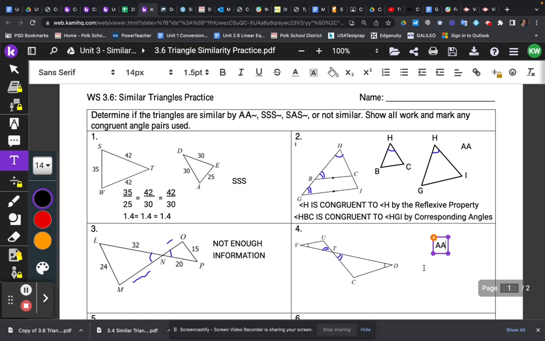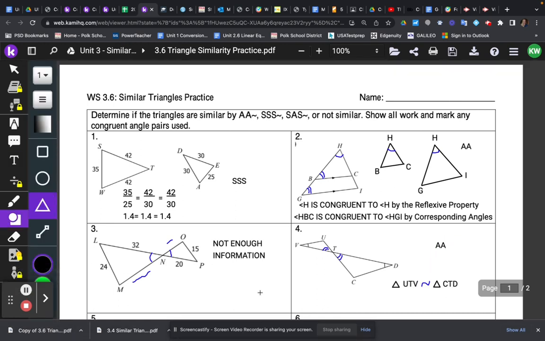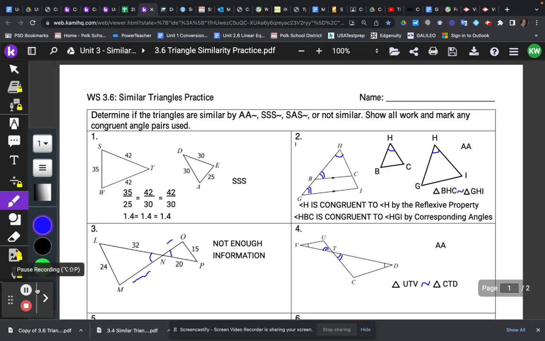Now I'll take just a moment to write a similarity statement for the ones that I have proven. Again, triangle UTV is similar to triangle CTD by angle-angle. Triangle BHC is similar to triangle GHI using angle-angle.